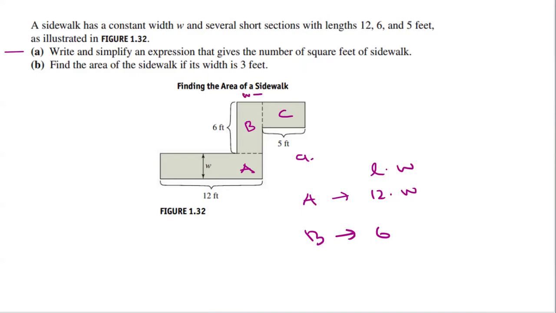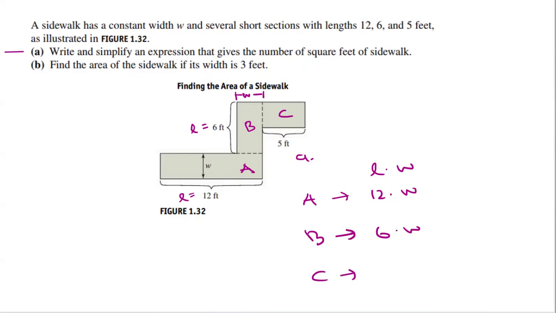This is our width here. That's W. So the length is 6, again, the length here is 6, and then the width is just W. And then the same thing for C.